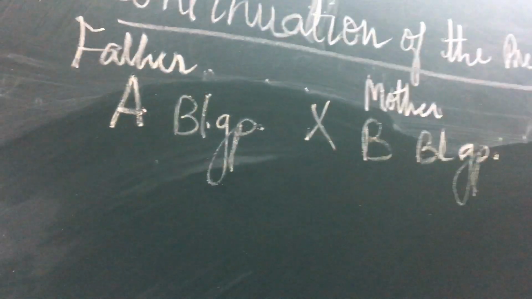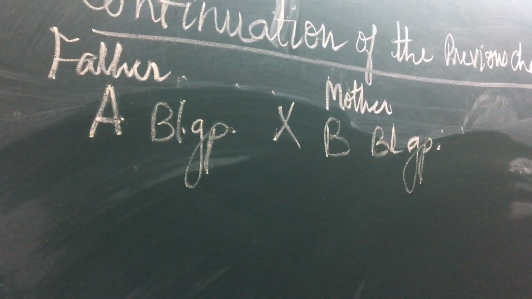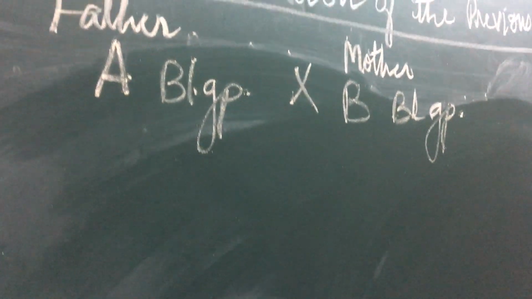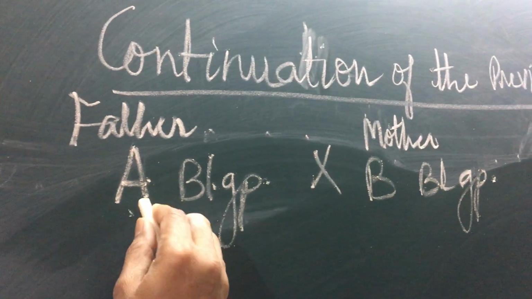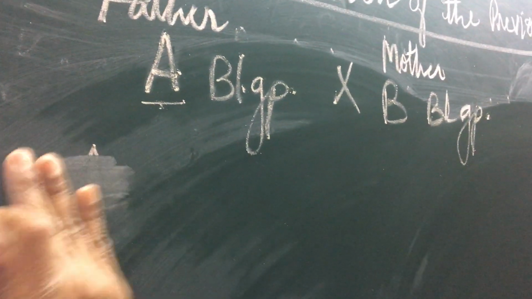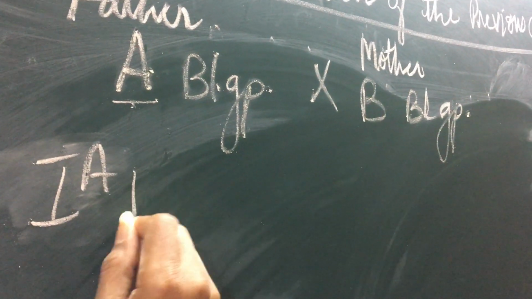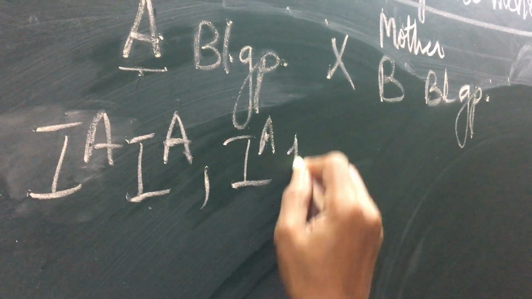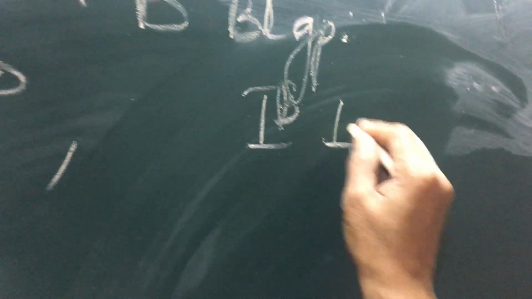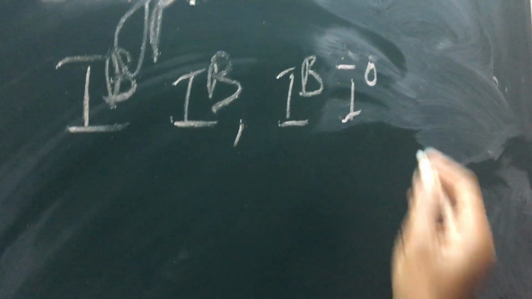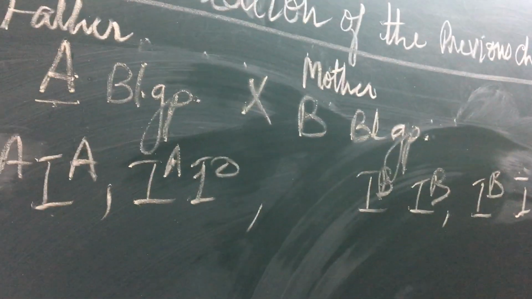What are the chances for the offsprings? What blood group will the offsprings have? Just see the activity. The A blood group genetic constitution is IA IA or IA I0. Here IB IB and IB I0. So these are the genotypes.